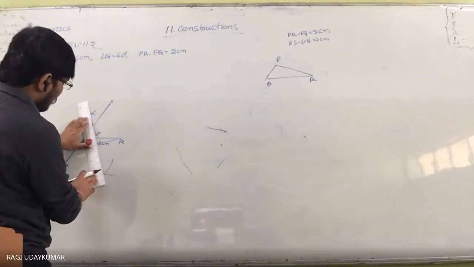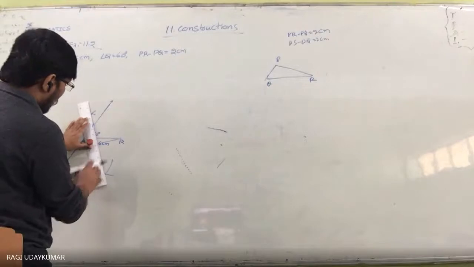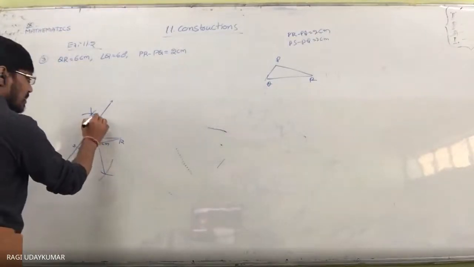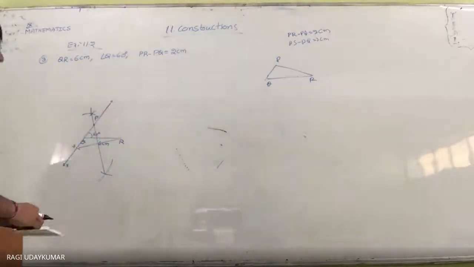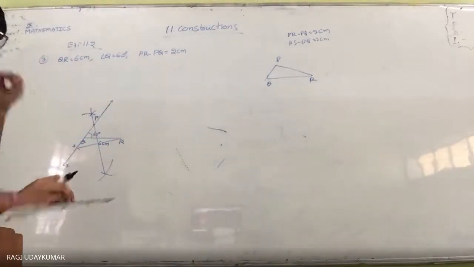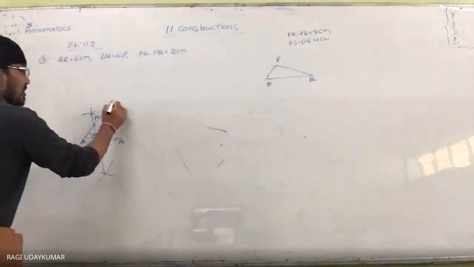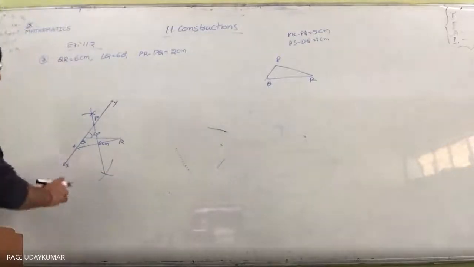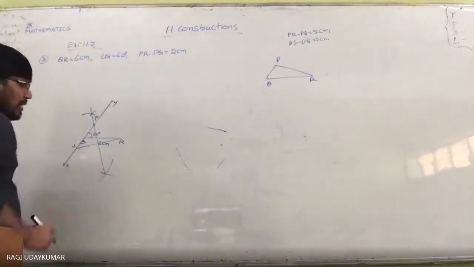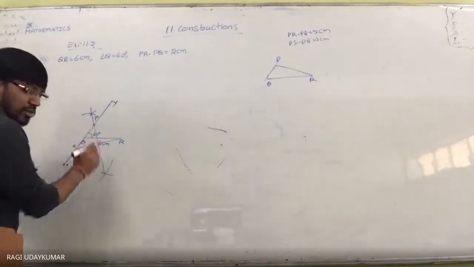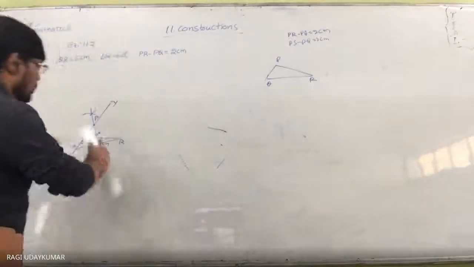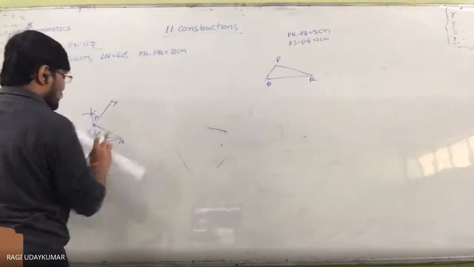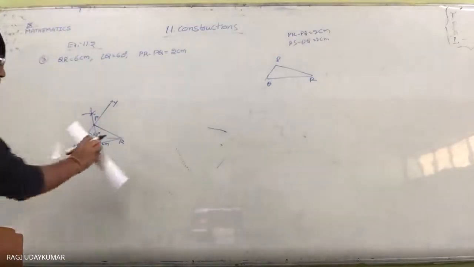This is the perpendicular bisector of SR, which cuts this QS ray at a point, you can consider that here XY also if you want. Take XY. So the XY line is cut at point P. So P and R you have to join. After construction you can verify the PR length.